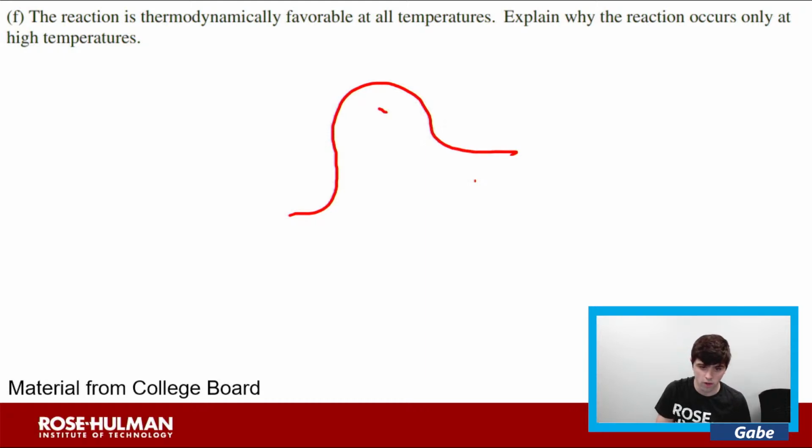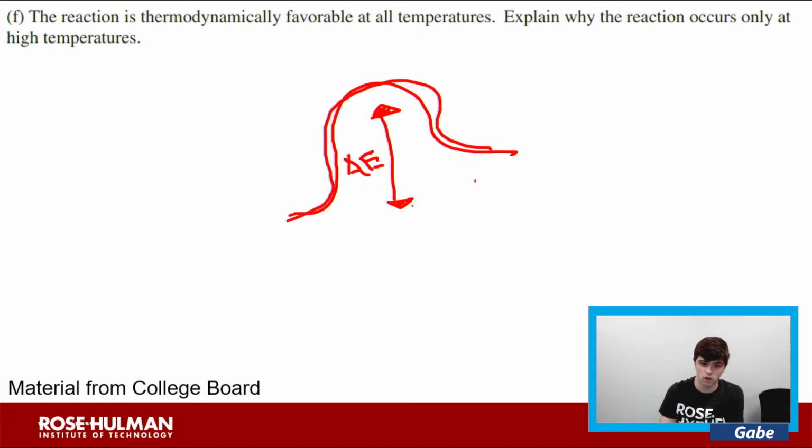So this peak right here that goes really high up is the activation energy. So we need really high temperatures for it to overcome this and proceed with the reaction, which will go on to make our products.